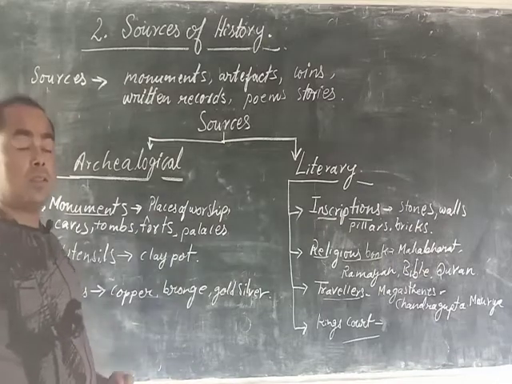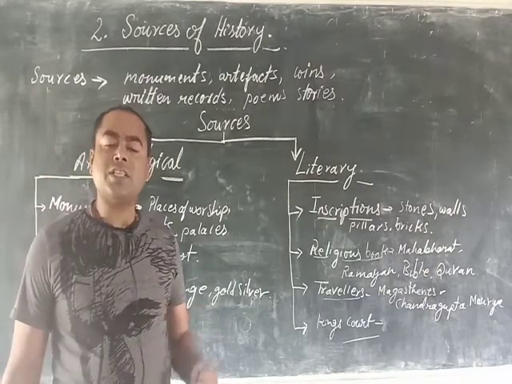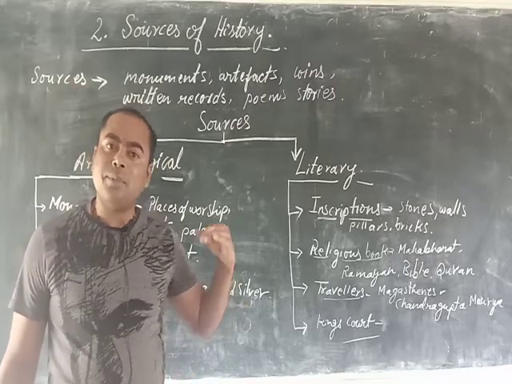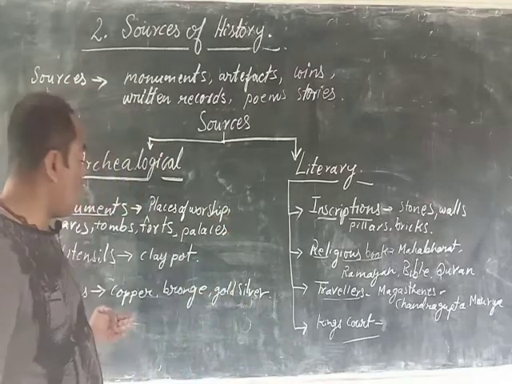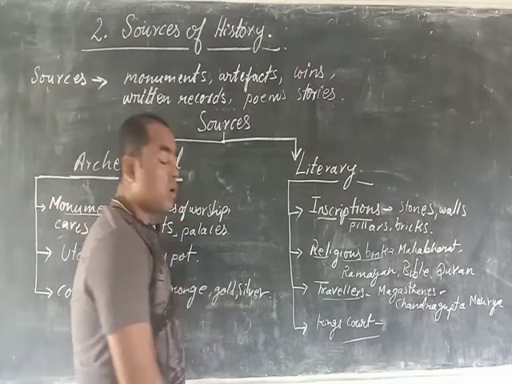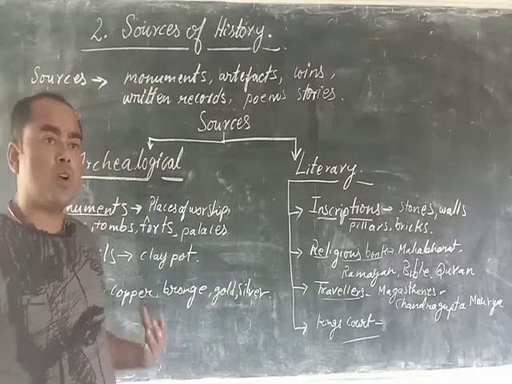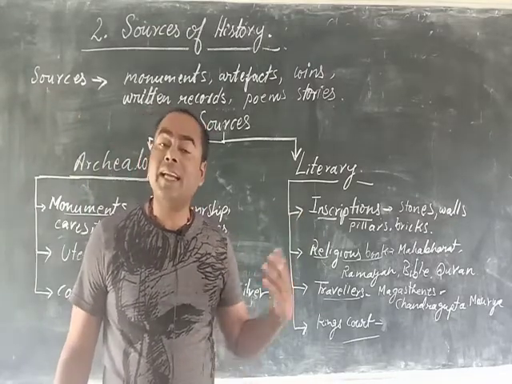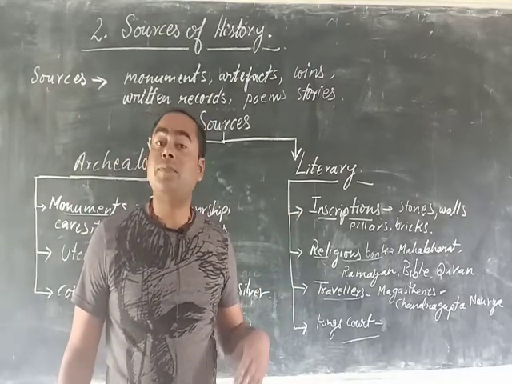Coins give us information about the people's wealth. Whether people of that period were using copper coins, bronze coins, gold coins or silver coins. These coins give us knowledge about the wealth of the people of that region and that era.